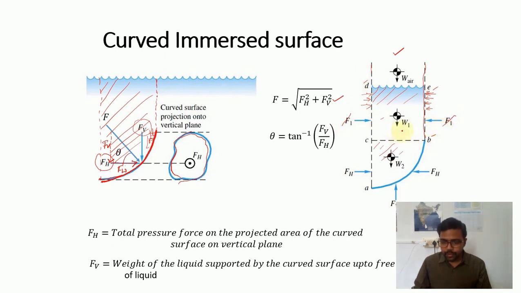But come down here: what we need to find is the total pressure force on this curved surface. For example, if you want to determine the horizontal one, the curved surface will give some reaction force. That's why it is given here as FH. This is the reaction force, we have to say.